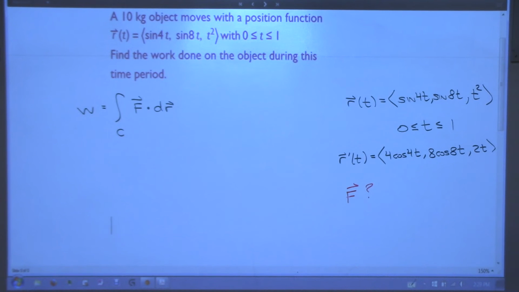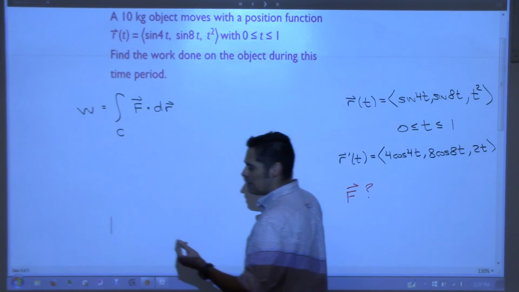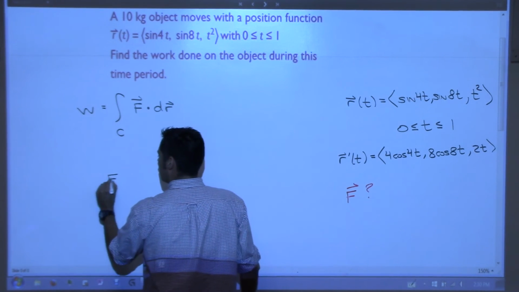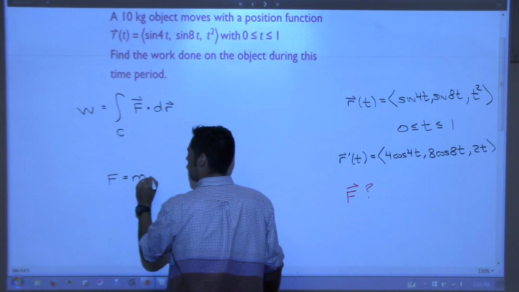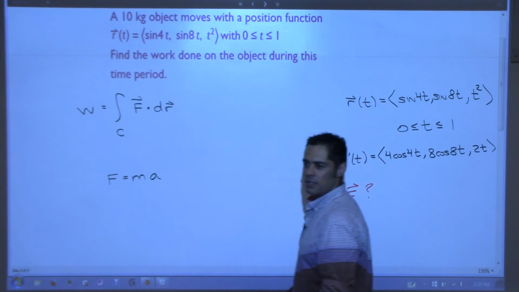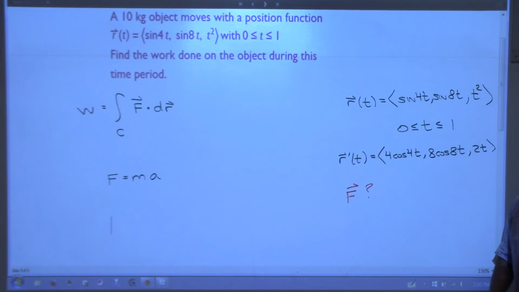I need a field though, and since I'm talking about work, I'd like to see what the force vector is. So how can I get force if all I have is mass? This is, again, some physics. Force equals mass times acceleration, right?